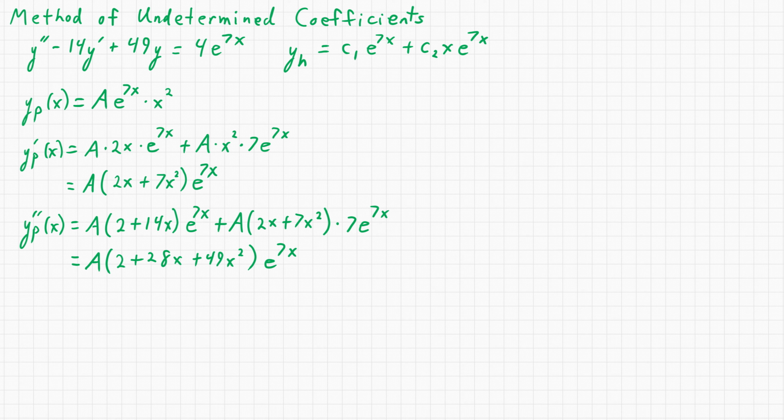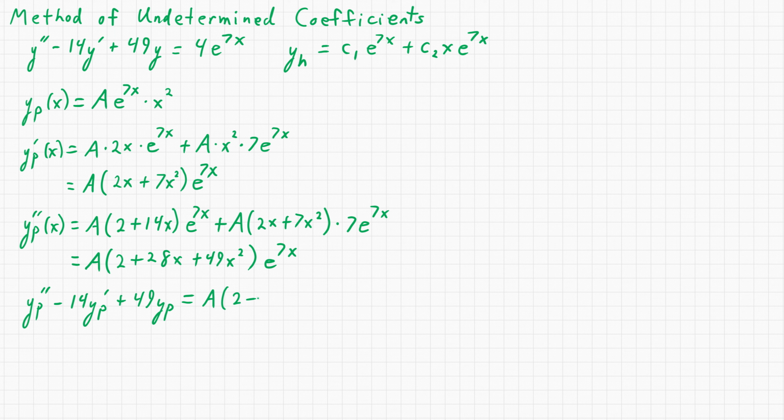All right, then plug it in. So y particular double prime minus 14 y particular prime plus 49 y particular. Everything is going to be multiplying a, but let's just go through it.